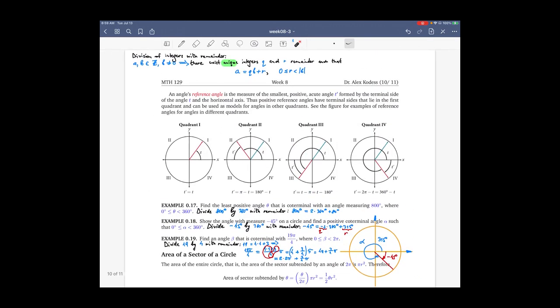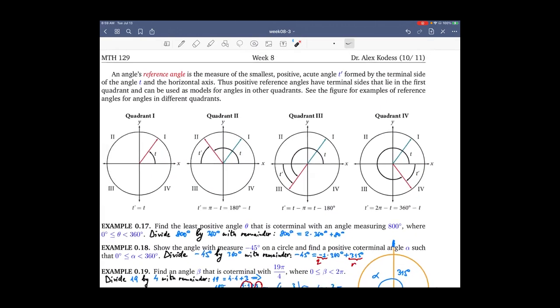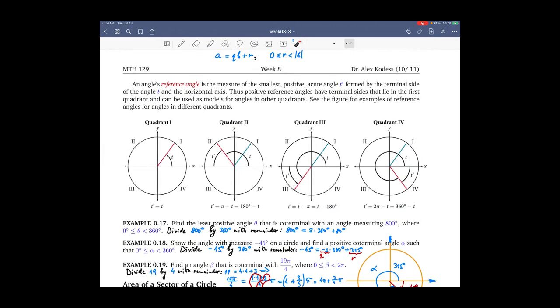The idea of coterminal angle brings us to the idea of a reference angle. So for every angle, it's always possible to find the smallest positive acute angle formed by the terminal side of the given angle and the horizontal axis. For many reasons, reference angle for us will be important.